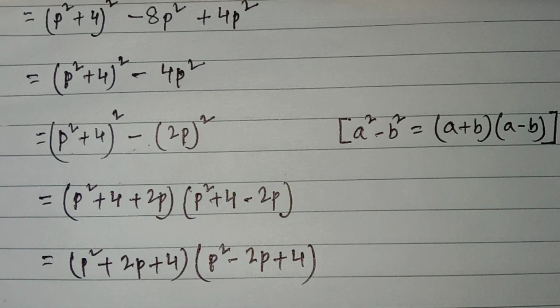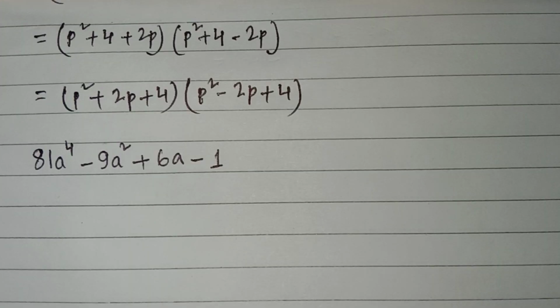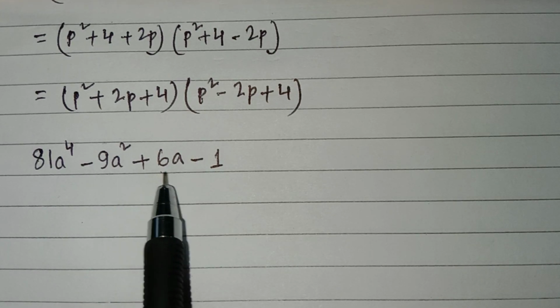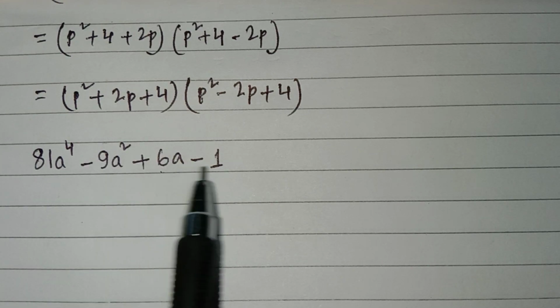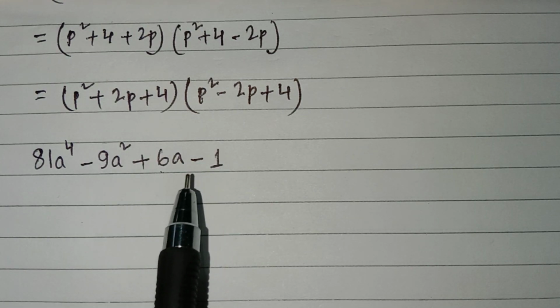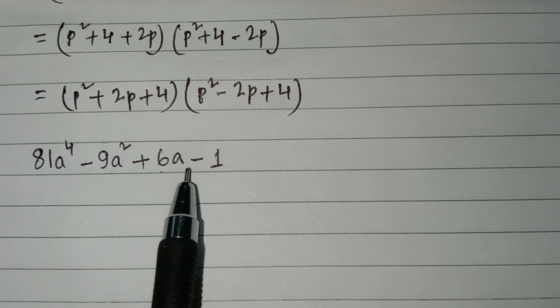Now let's take the next question, and here I have 81a power 4 minus 9a square plus 6a minus 1. Here we can see that this is not the type that we have seen earlier in this video.